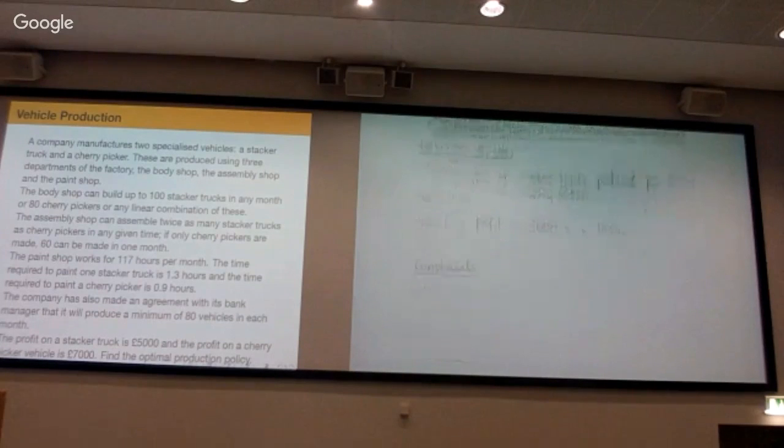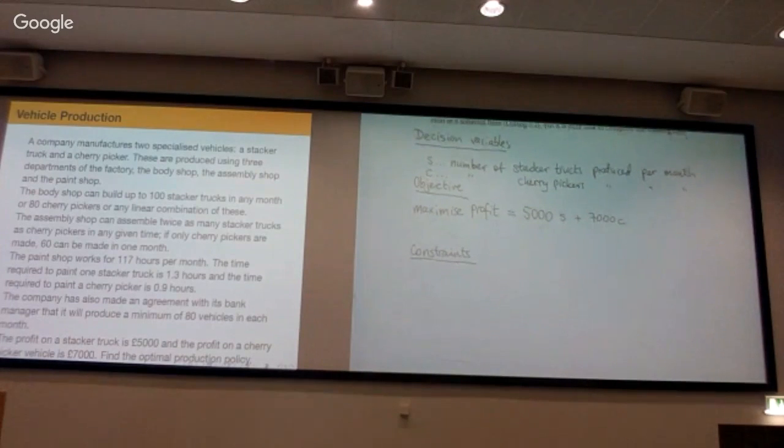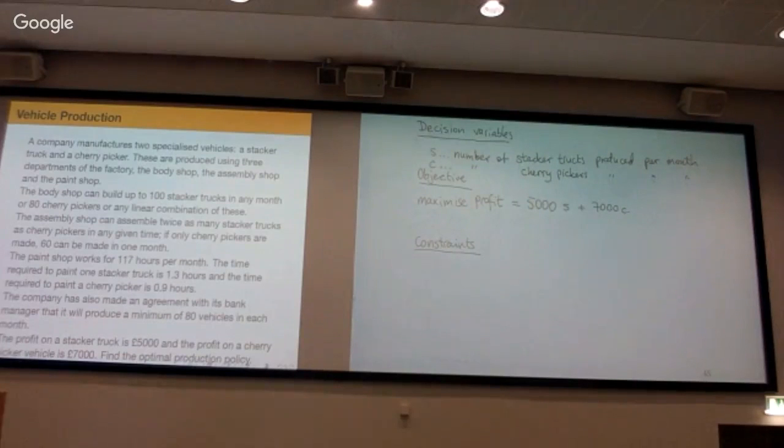That's simple. Now let's have a quick look at the constraints. So when you read this, I don't know if it's easily readable, but what it says is that they can build up to 100 stacker trucks or up to 80 cherry pickers, or any linear combination of these.